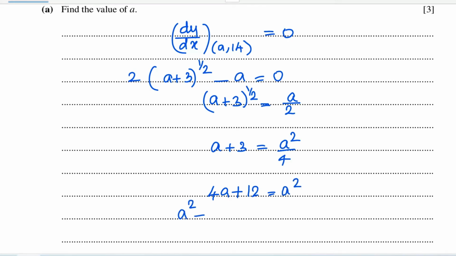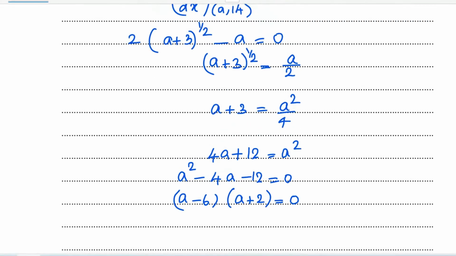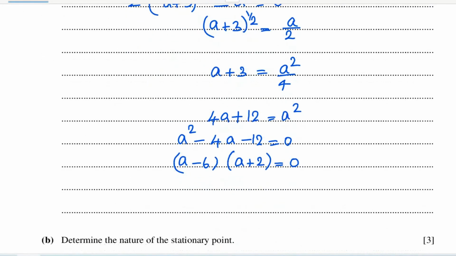So a squared minus 4a minus 12 equals 0, or this can be written as (a minus 6) multiplied by (a plus 2) equals 0. a can be equal to 6 or a can be equal to negative 2, but it's given a is a positive constant, so we'll take only the positive value, that is a is equal to 6.